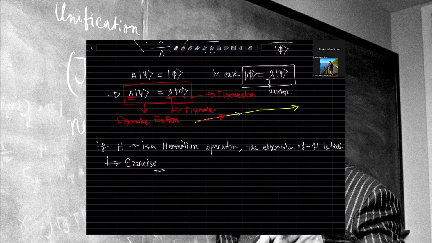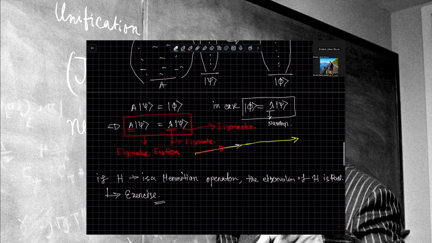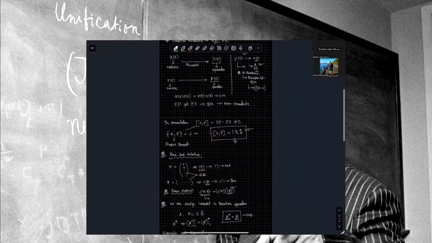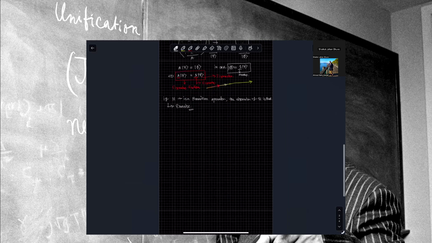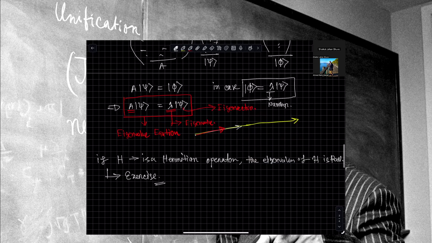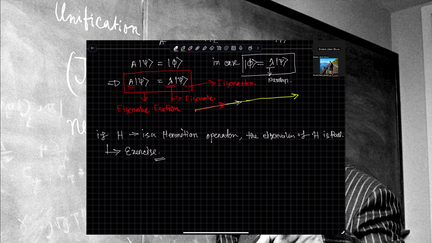Okay, now that I've discussed all of this, I'll just zoom out a bit to see. I discussed the inner product, what an operator is, and eigenvalues and eigenvectors. I also talked about commutators, right?